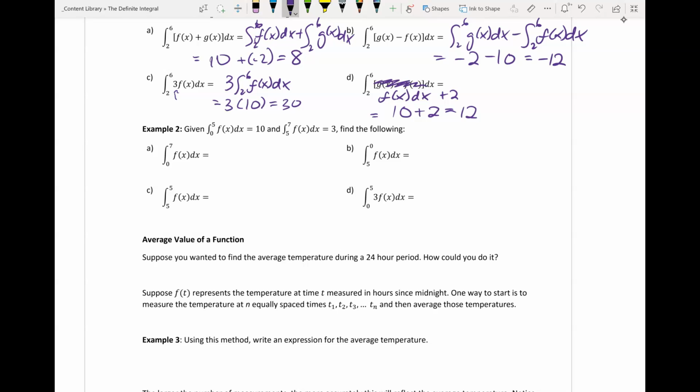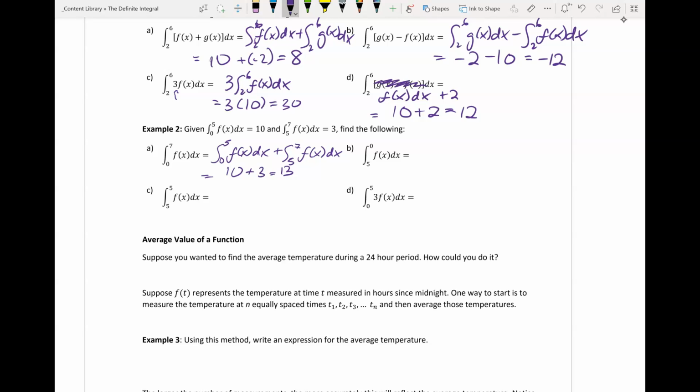Now for the first one, for a, we can separate this into the integral from 0 to 5 of f of x dx, and then 5 to 7 of f of x dx. So this one here is just the combined bounds, which is 10 plus 3, and that's 13.